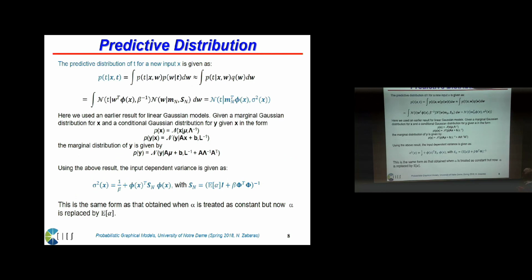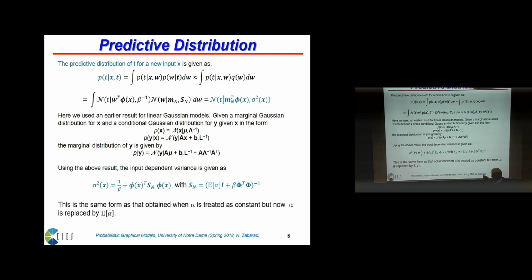If you want to get the predictive distribution, we have one minute to go. Basically you need to integrate the likelihood times the posterior. Because we use variational methods, you don't put in the exact posterior, you put in the variational posterior. This is the marginalization of two Gaussians.